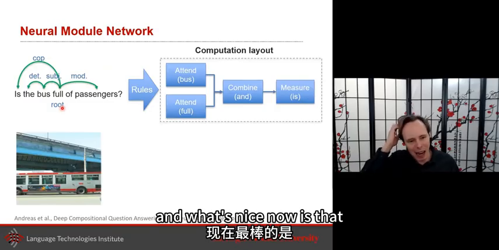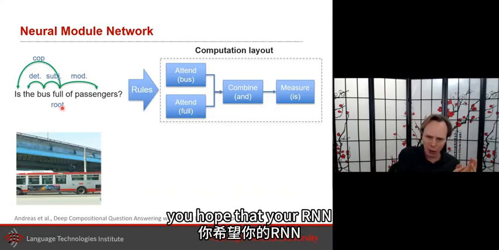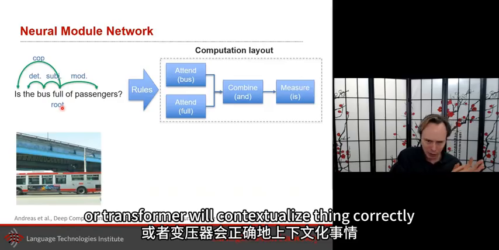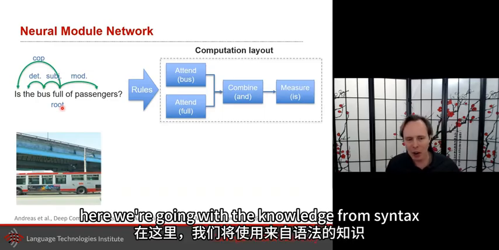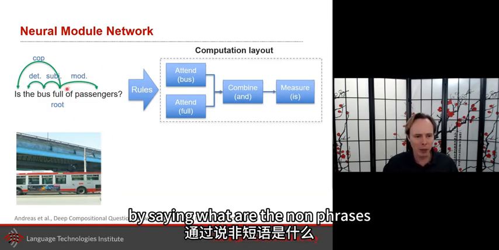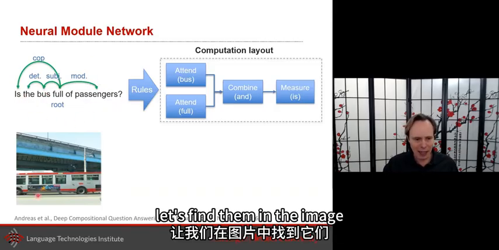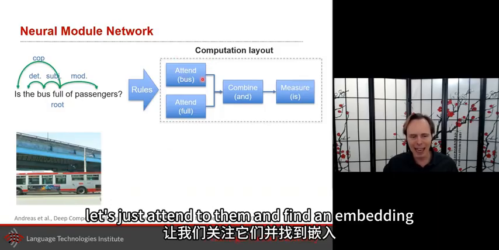What's nice now is that instead of being fully data driven, where you hope that your RNN or transformer will contextualize things correctly, here we're going with knowledge from syntax and language structure by saying: find my noun phrases in my sentence. Let's find them in the image, attend to them and find an embedding.